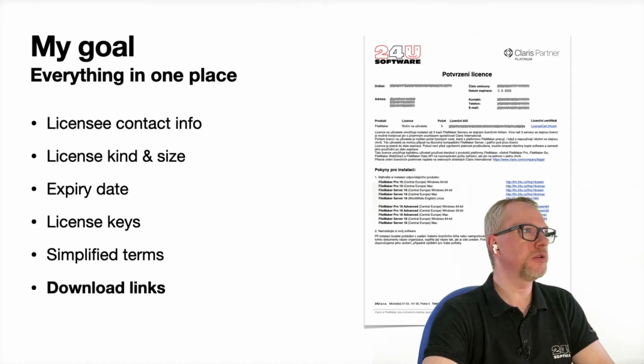The most important thing on this sample is that the PDF we generate for our clients contains links for downloading FileMaker installations and also, now starting with FileMaker 18, the license certificates.